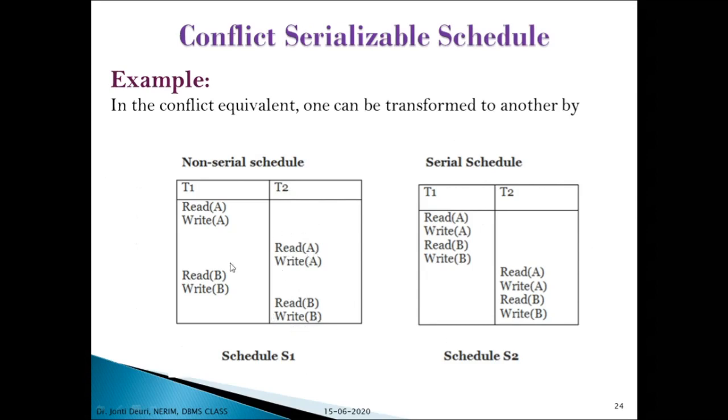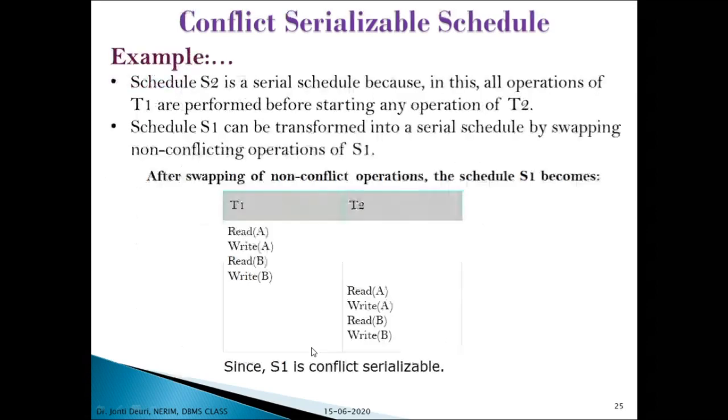So we can do this by a serial schedule also. See, read A, write A, read B, write B for transaction T1. And for transaction 2 also you have done read A, write A, read B, write B. So this is conflict serializable.